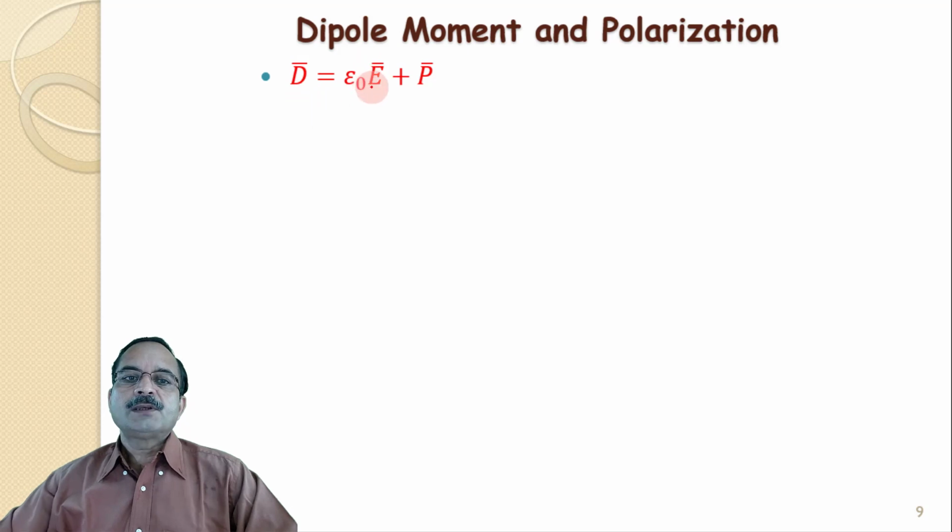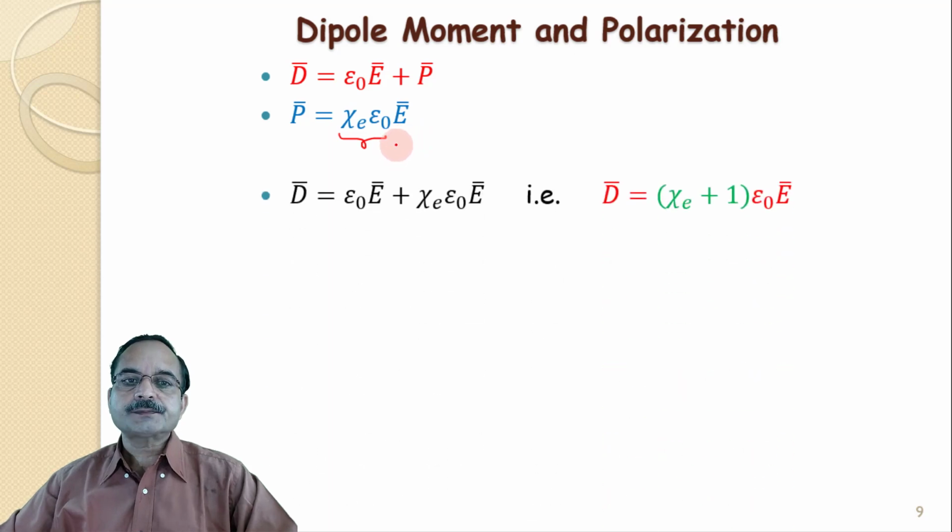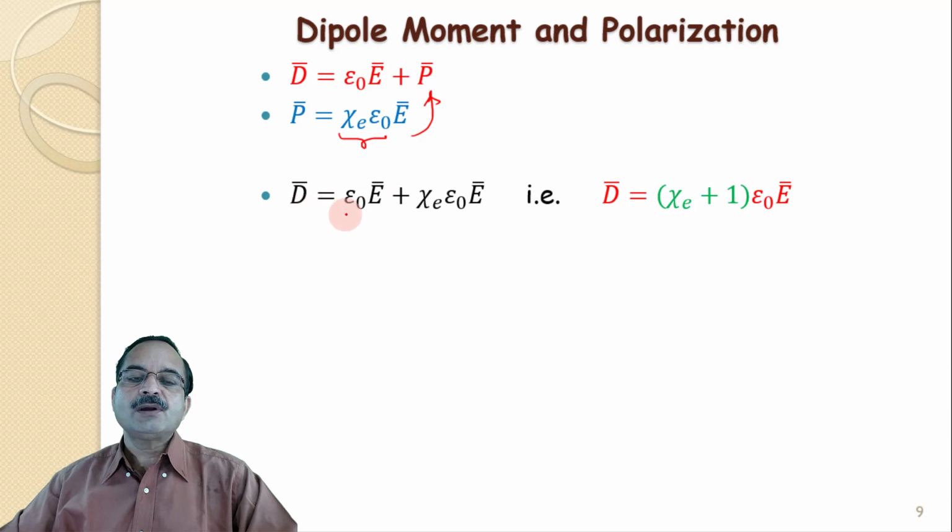So D is equal to epsilon 0 E plus P, and we have just seen P is Xc epsilon 0 E, where Xc is the susceptibility. Substituting this here, we can write D as epsilon 0 E plus Xc epsilon 0 E. Now taking epsilon 0 E common in the bracket, it is Xc plus 1.